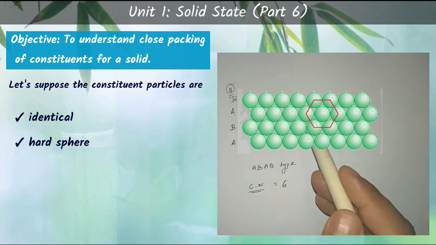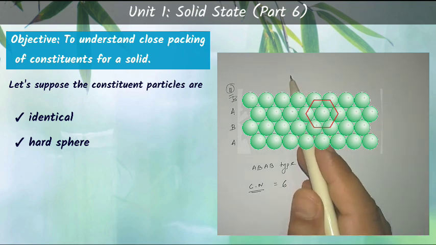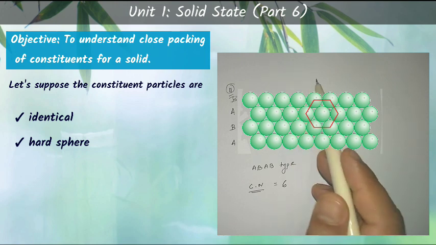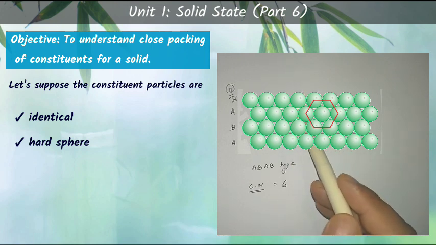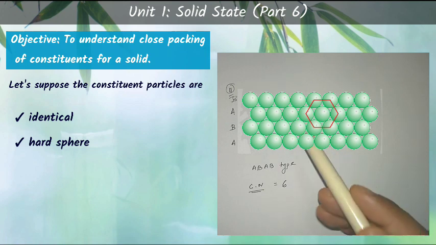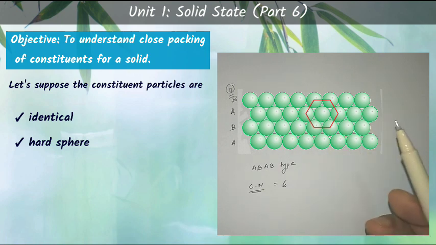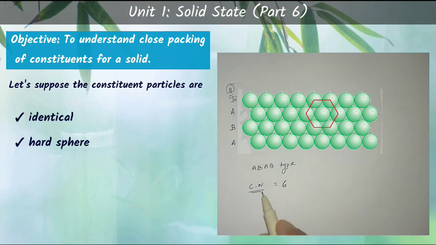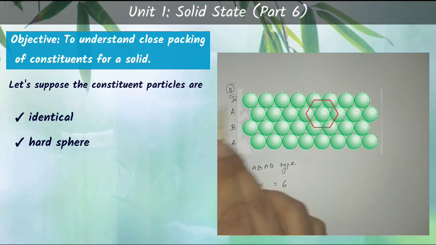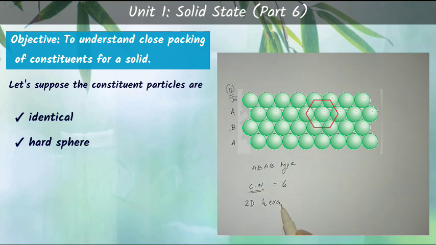If you join the neighboring atoms by using some lines, it will give you a regular hexagon. So sometimes this packing is also known as hexagonal close packing, or, because this is a two-dimensional arrangement, two-dimensional hexagonal close packing.